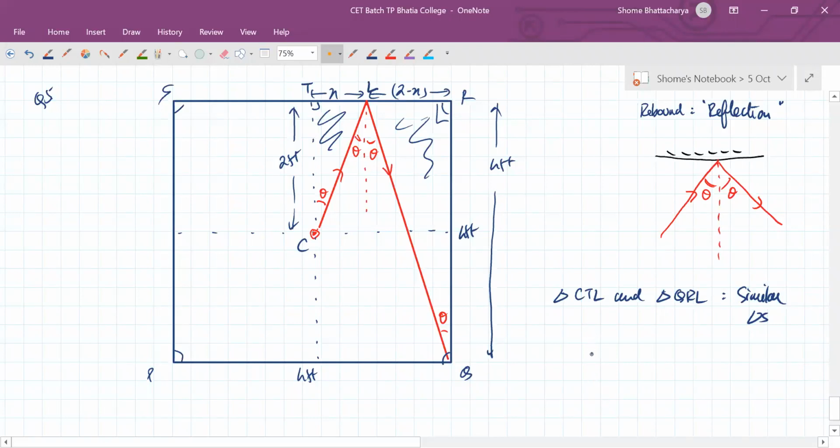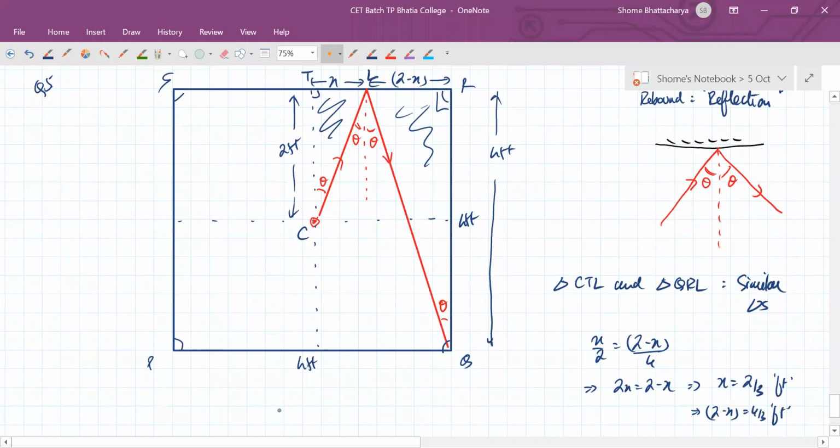So x by 2 has to be equal to (2 minus x) by 4, or 2x has to be 2 minus x, or x has to be 2/3 of a foot. And 2 minus x will become 4/3 of a foot. So now you can solve all this.